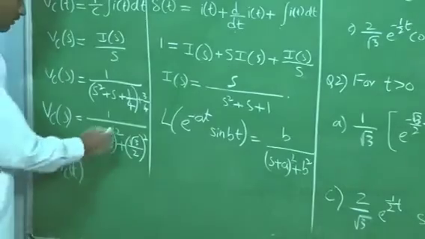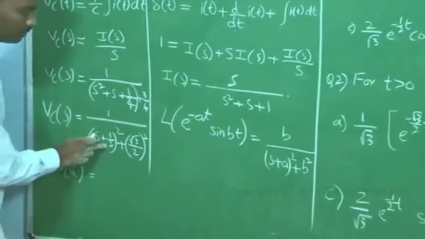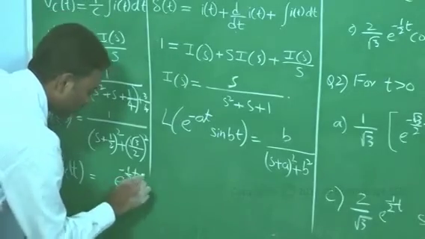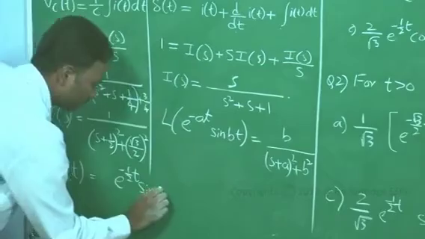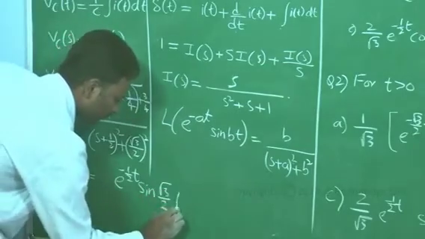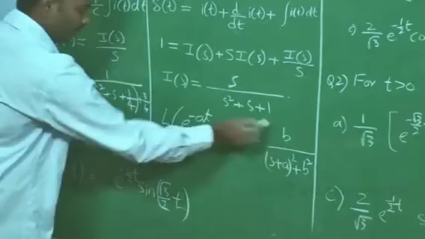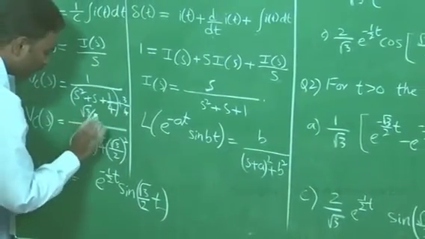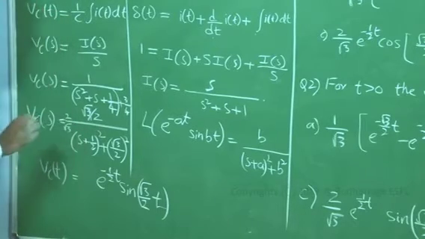From this, the inverse Laplace transform has a = 1/2, so we get e^(-t/2) sin(bt), where b is √3/2. But we don't have √3/2 in the numerator here, so to write it we multiply by 2/√3.